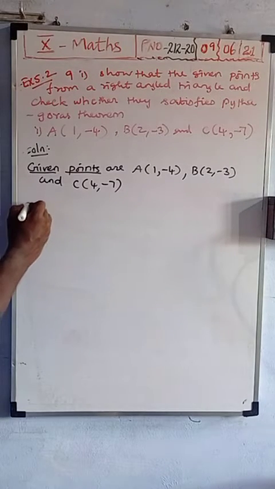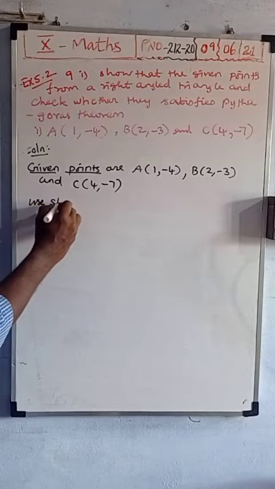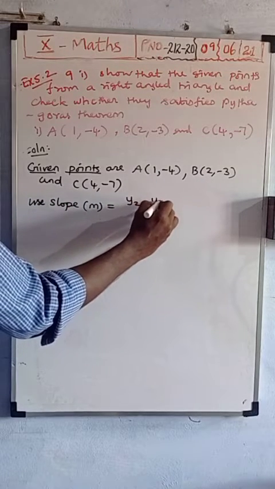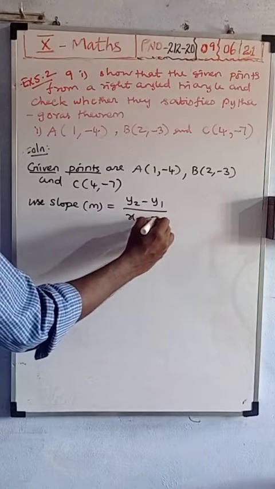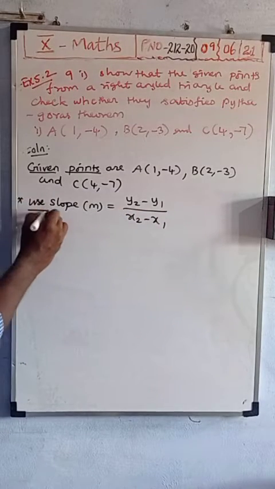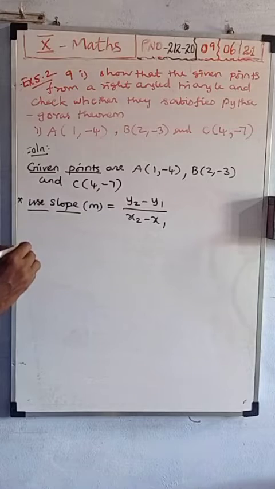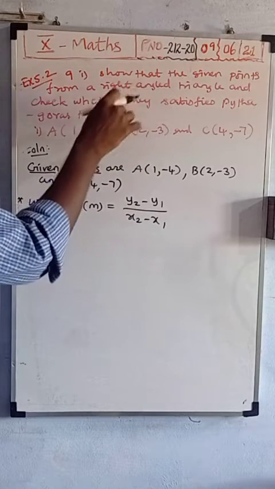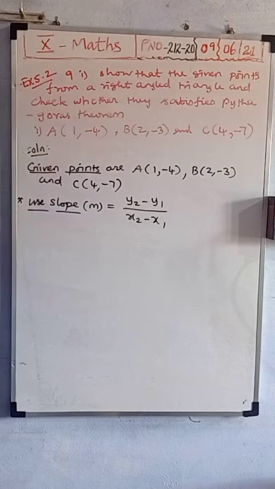So use the slope formula: m is equal to (y2 minus y1) divided by (x2 minus x1). Here there are 3 points, so using 2 points at a time we will prove whether it is a right angle triangle or not.